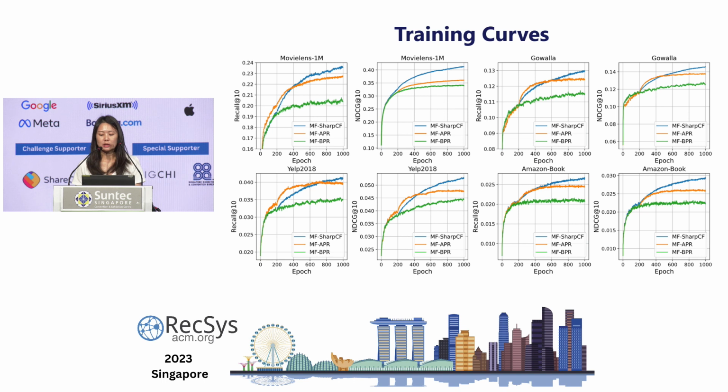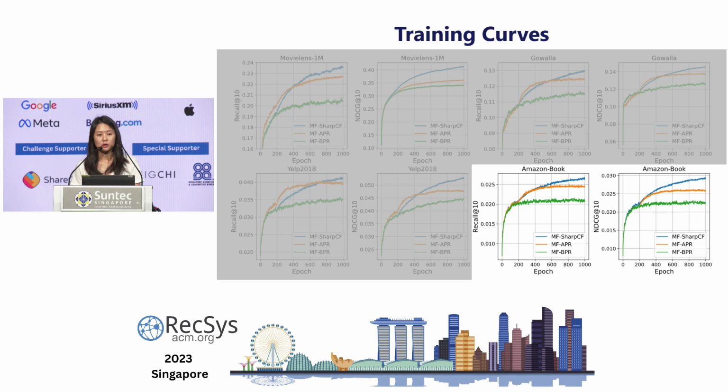This slide shows the training curves for 2 metrics, recall at 10 and NDCG at 10, for all data sets. After pre-training for 200 epochs, we observed that continued training of APR and SharpCF results in significant improvement, whereas further training of BPR only leads to marginal gains.